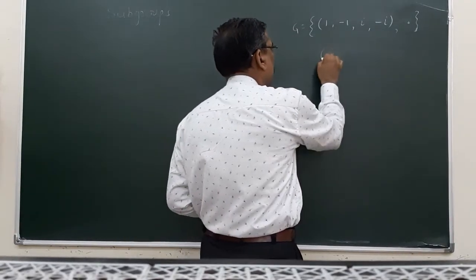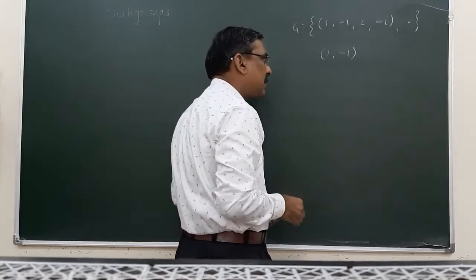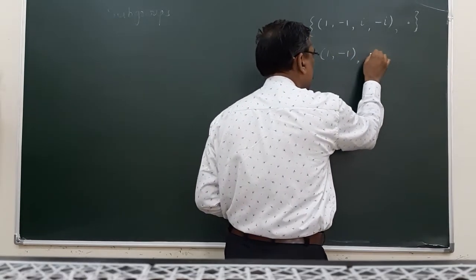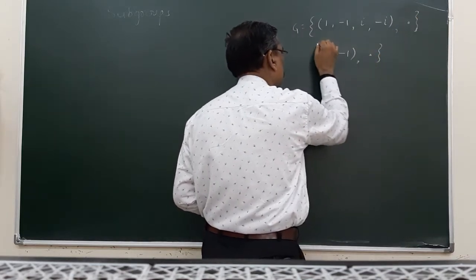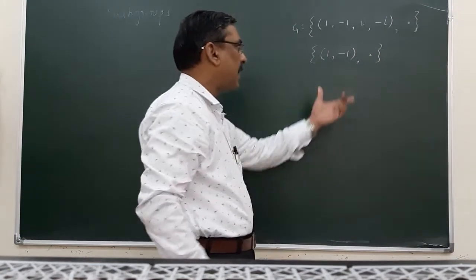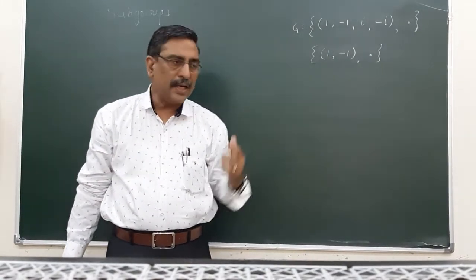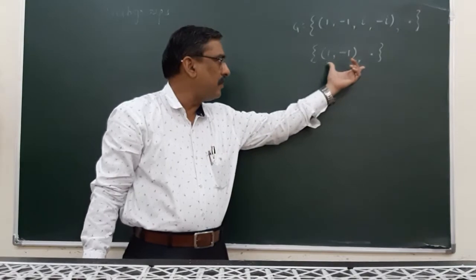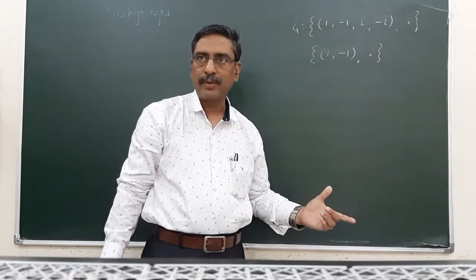Now take a subset of it, 1 and -1, along with the same operation as this one. We find another structure, and finally we find that this is again a group.